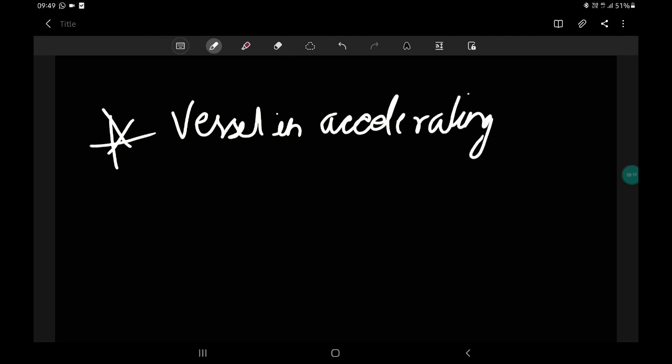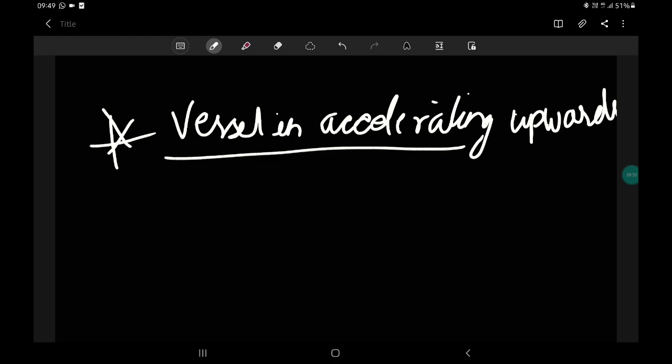The vessel can accelerate either upwards or decelerate downwards; both mean the same. If I say the vessel is accelerating upwards, your vessel is going up fast. Or I can say the vessel is decelerating downwards, meaning the acceleration towards down is decreasing.